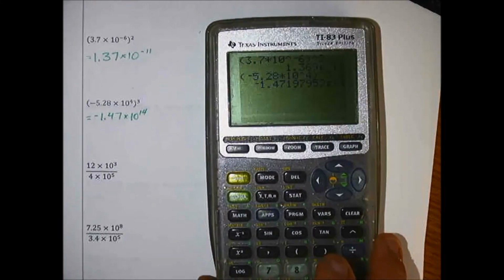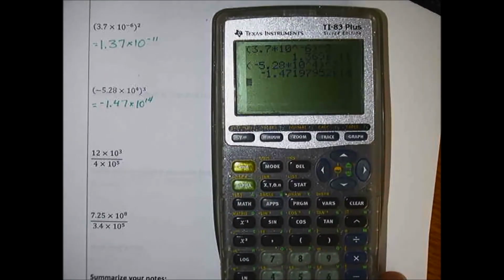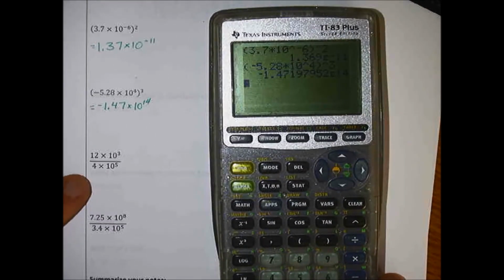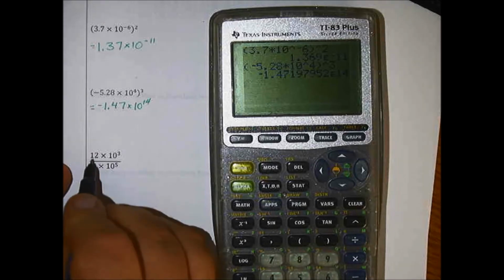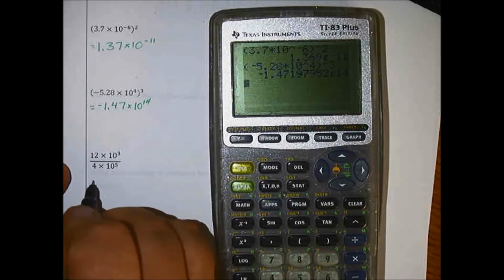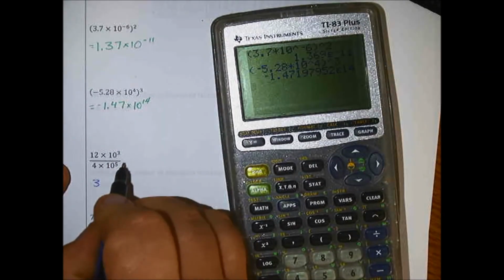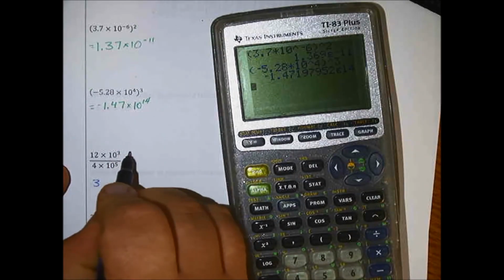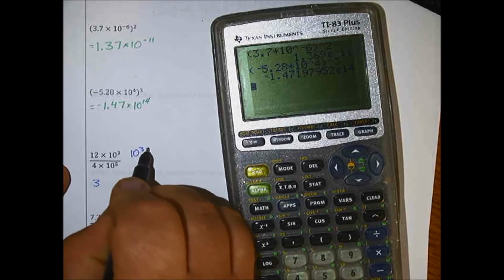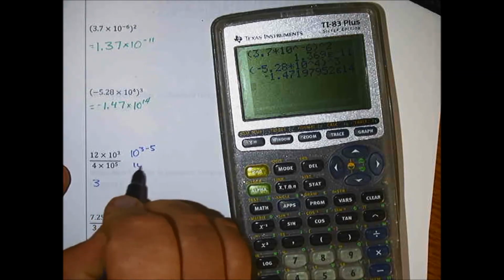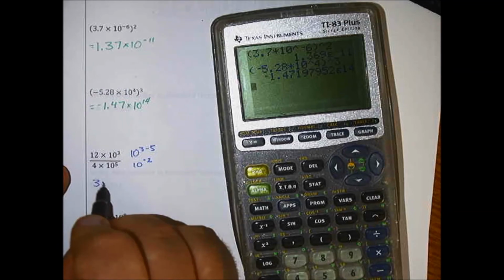And now let's look at these next couple. Okay, here we're using division. Now you could just look at this and say, wow, 12 divided by 4, that's 3. And 10 to the third divided by 10 to the fifth. So remember that's 10 to the 3 minus 5. That should be 10 to the negative 2.